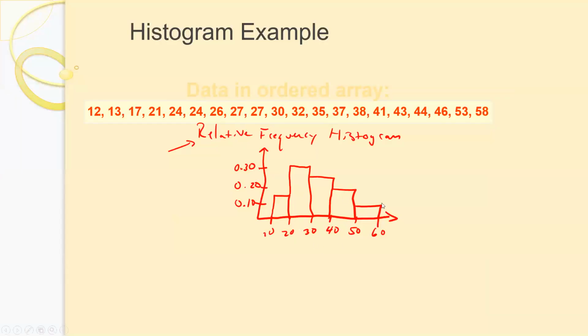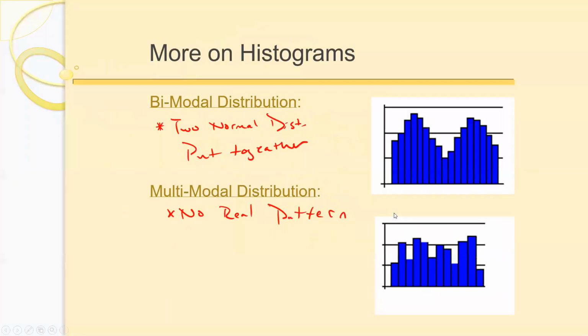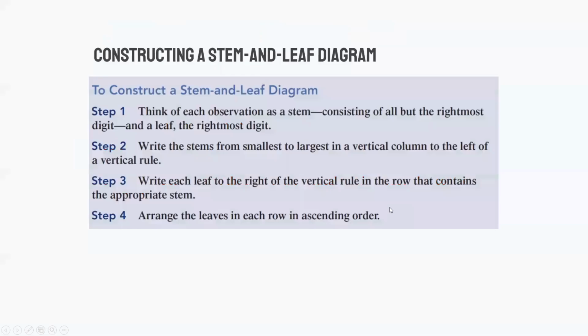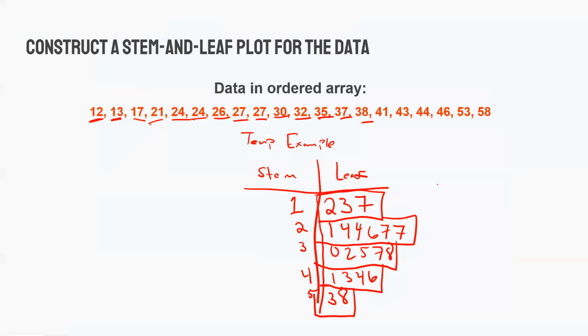This is what our histogram of this data looked like when we did it by hand. If you were to flip this on its side, that's exactly what you see. It's just flipped sideways, and it actually contains the numbers.